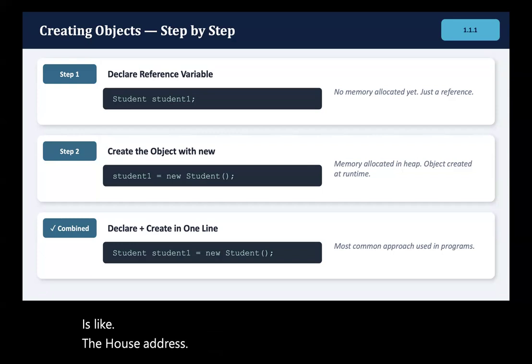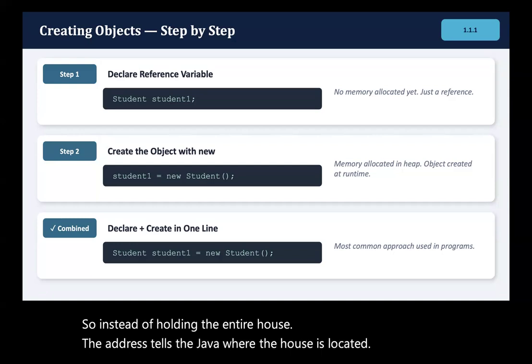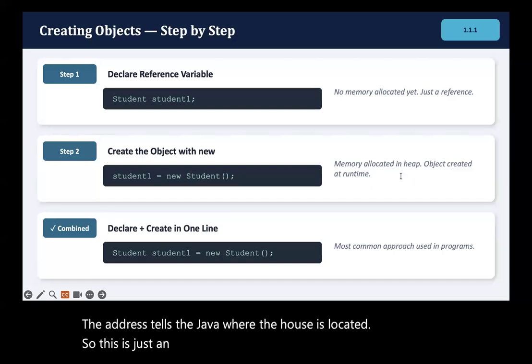Instead of holding the entire house, the address tells Java where the house is located. So this is just an address, not the real house.